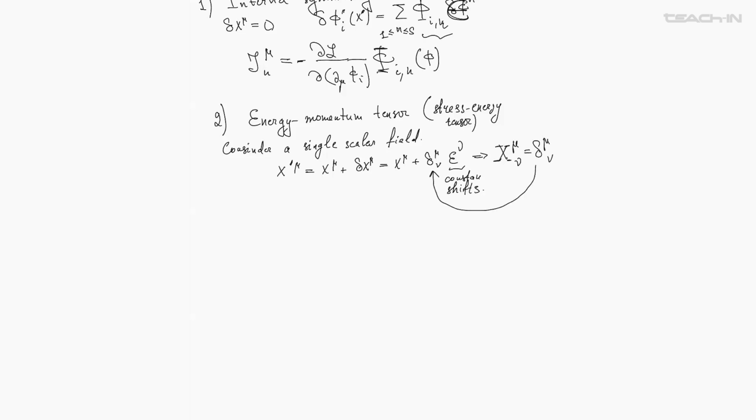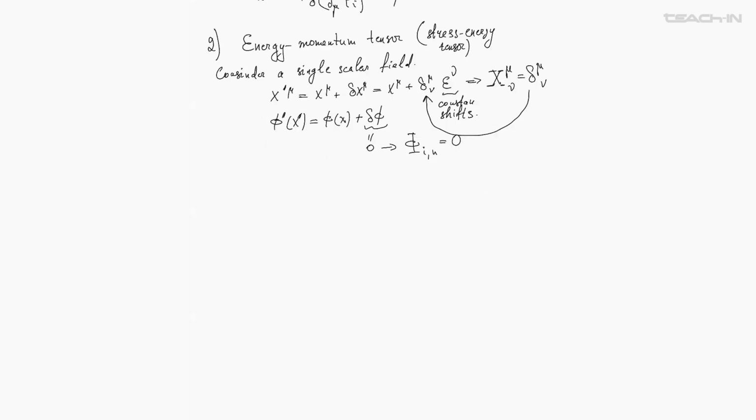Now for a scalar field, we know that the transformation property is phi prime of x prime is equal to phi of x. And therefore, in this case, the variation delta phi actually vanishes. And therefore the response Φ capital I vanishes as well. So there is no Φ for the case of a scalar field. And the formula for the conserved current now looks as follows. For the stress energy tensor, people use a special notation for this current.